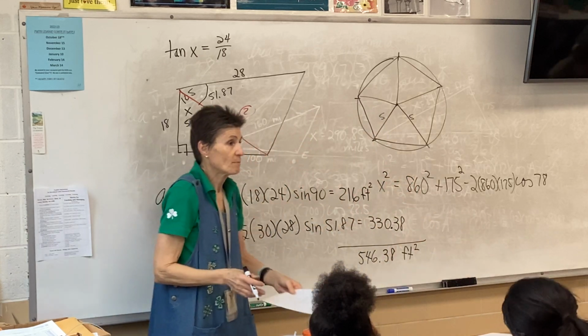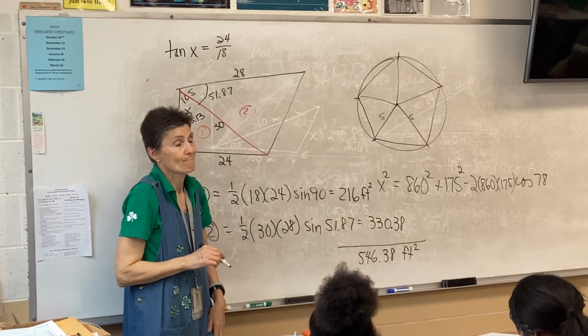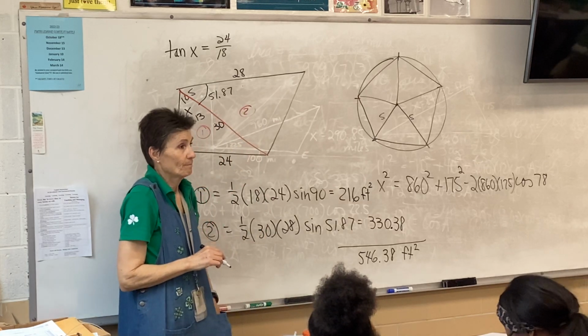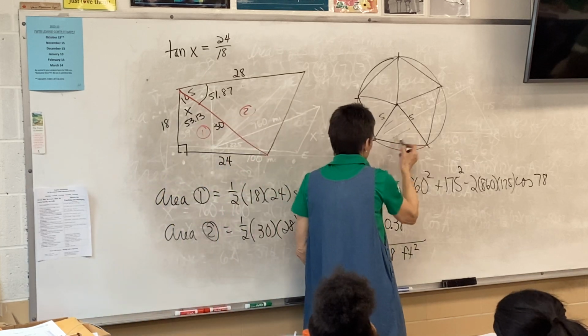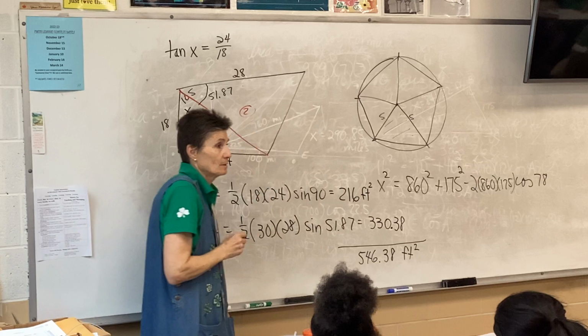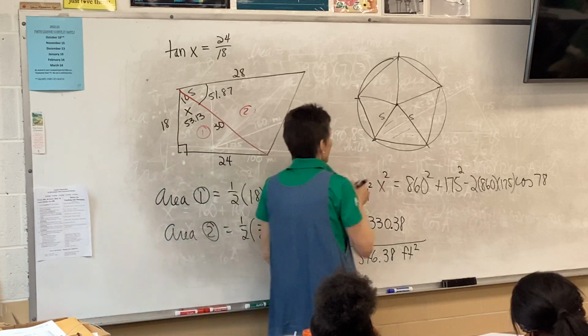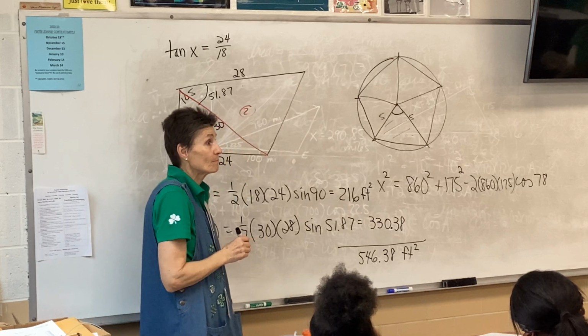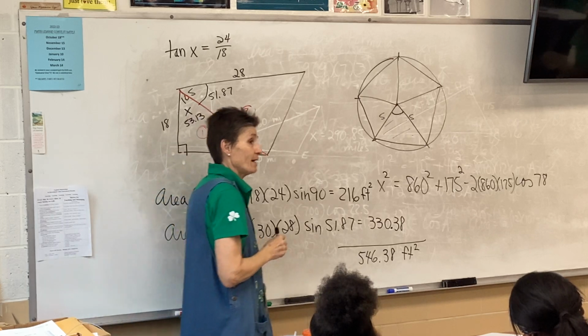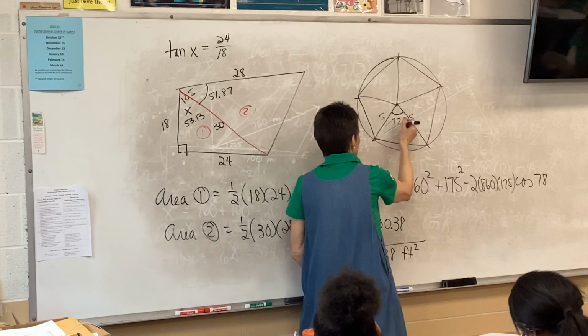So remember doing this before lunch? Yes? I would like to find the area of this triangle right here. But in order to do that, I need this angle. What is it? 360 divided by 5, which is 72.